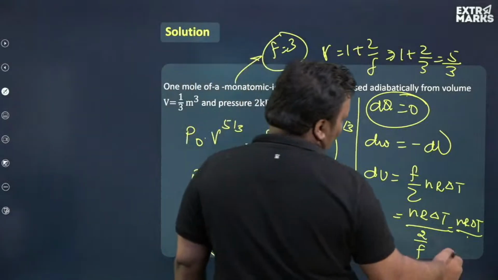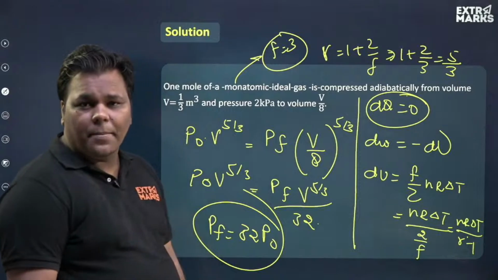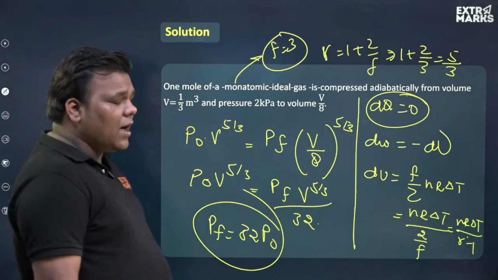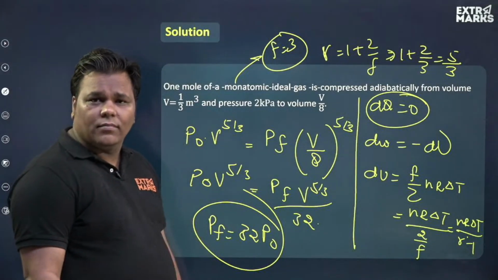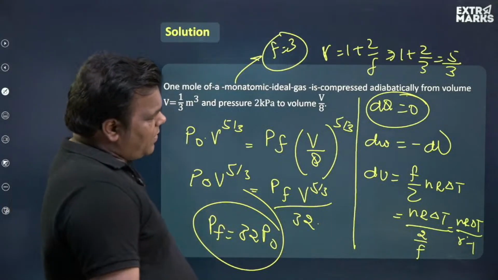It is gamma minus 1. Compressed now, so obviously work done is negative.